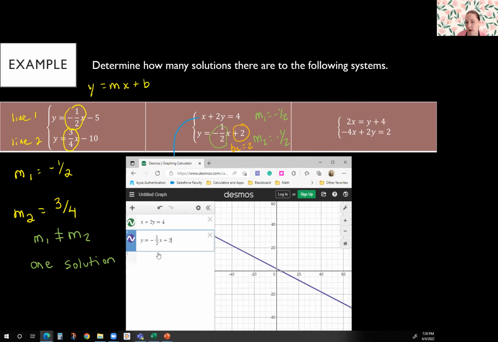And you can see the purple line is right on top of the green line. So it's intersecting everywhere. So there are infinite solutions here because these are the same lines, even though they don't look like it when you're initially looking at your system, they're actually identical. And so every point on that line is a solution.